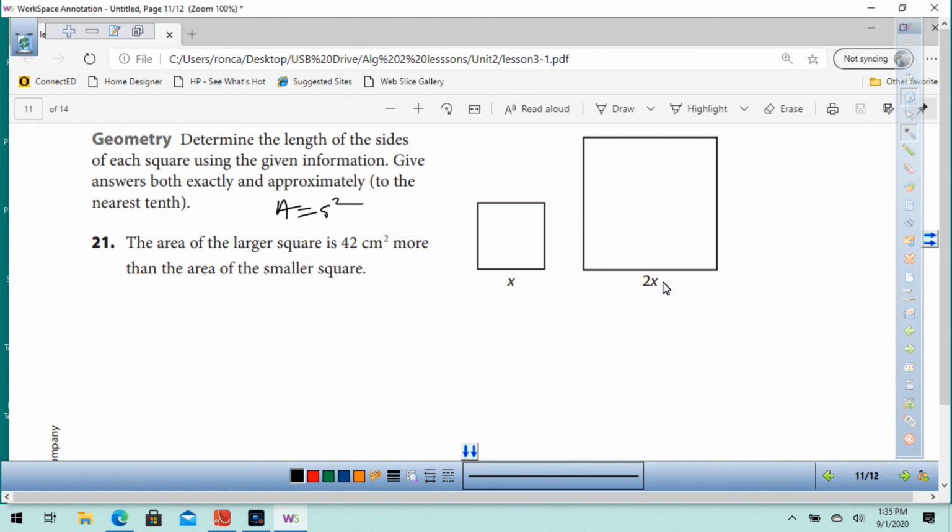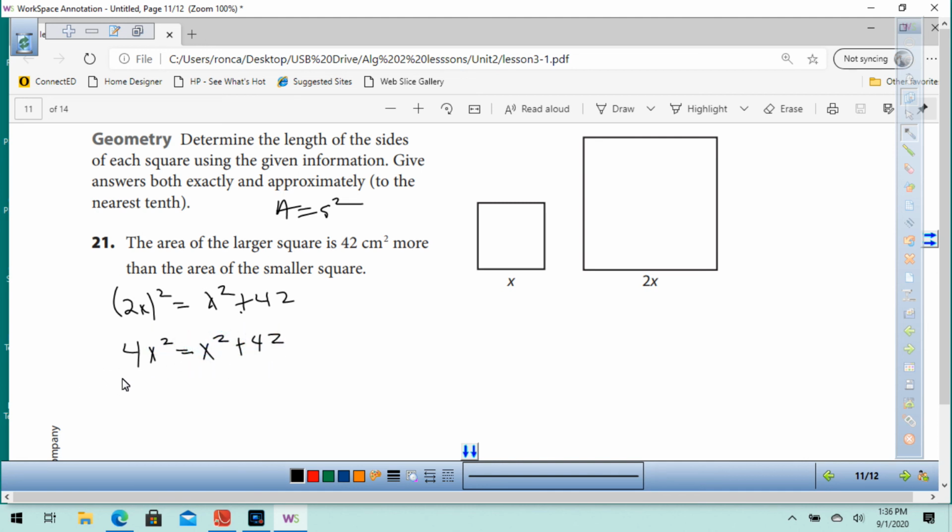So look at here, we got 2x, so we've got 2x squared. The area of the larger square is 42 centimeters more than the area of the smaller square. So we got 42, or let's just write it like this. x squared plus 42. So let's distribute that square in there. We got 4x squared equals x squared plus 42.